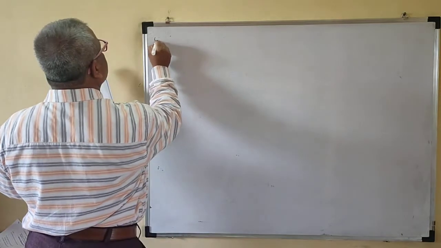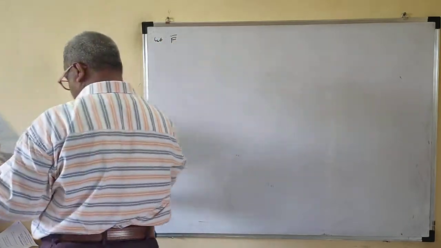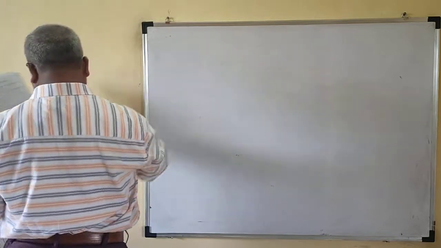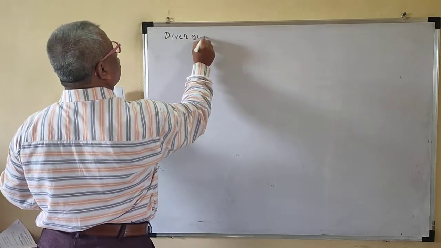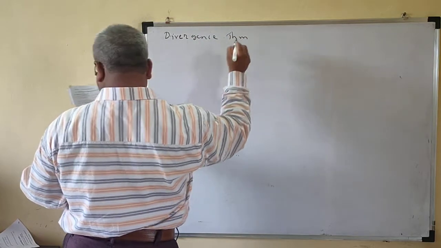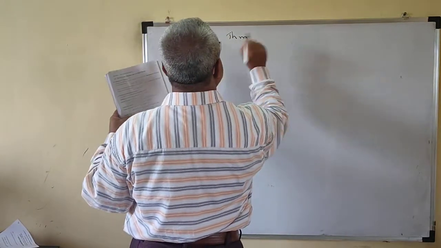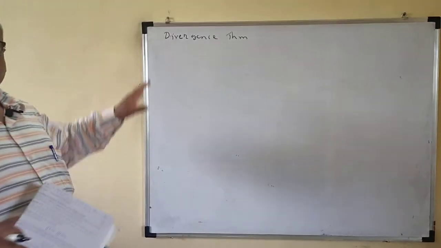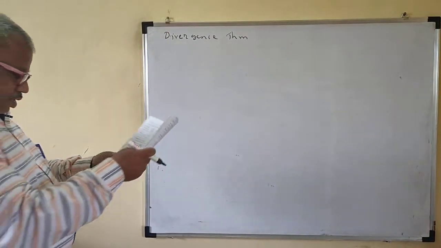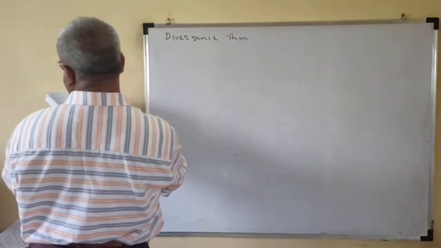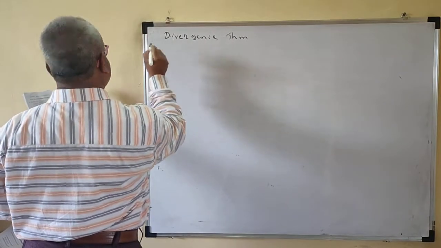So we write the divergence theorem in 3 dimensions. It is also called the Gauss divergence theorem. We will just state the theorem.